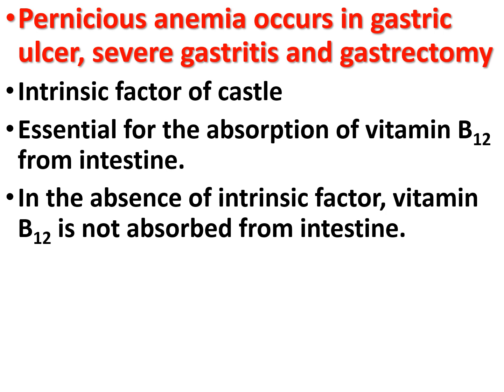Now, pernicious anemia occurs in gastric ulcer, severe gastritis and gastrectomy. In all these conditions pernicious anemia occurs. Why? Intrinsic factor of Castle is produced in gastric mucosa by parietal cells of gastric glands, and it is essential for the absorption of vitamin B12 from the intestine.